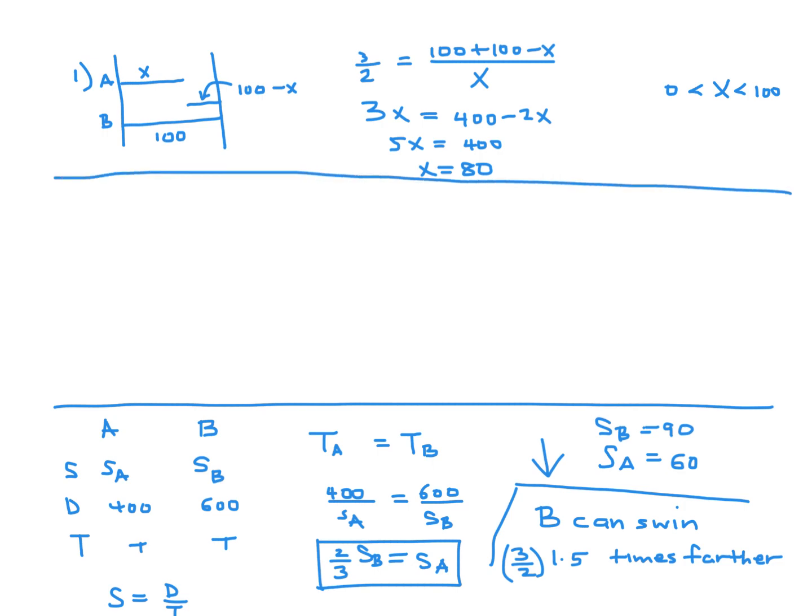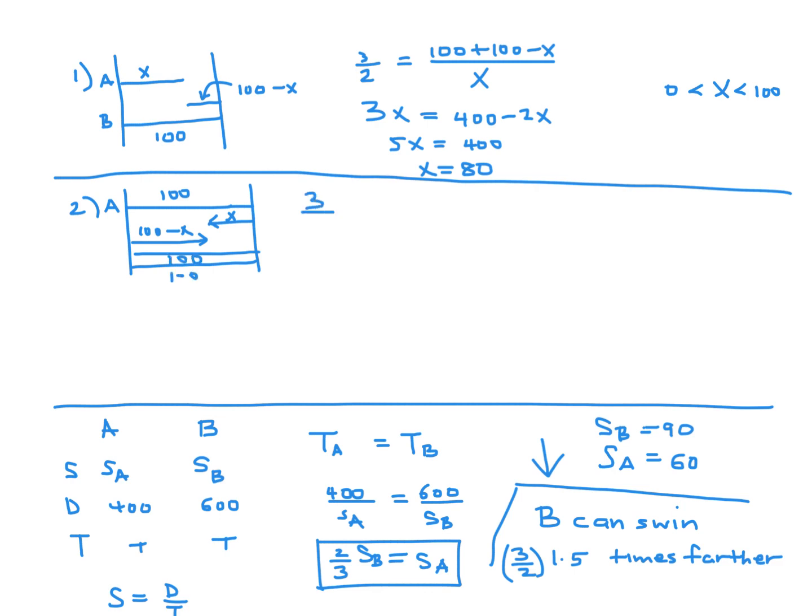I think we probably have to do a few more, so let's do the second one. The second one, I believe, is Alice has gone the full length and then come back, whereas Betty has gone 1 length, 2 lengths, and then come back. Remember, they have to be going in opposite directions for this to be valid. So now this is 100, we'll call this guy X, this is 100 minus X, and these two are 100 and 100.